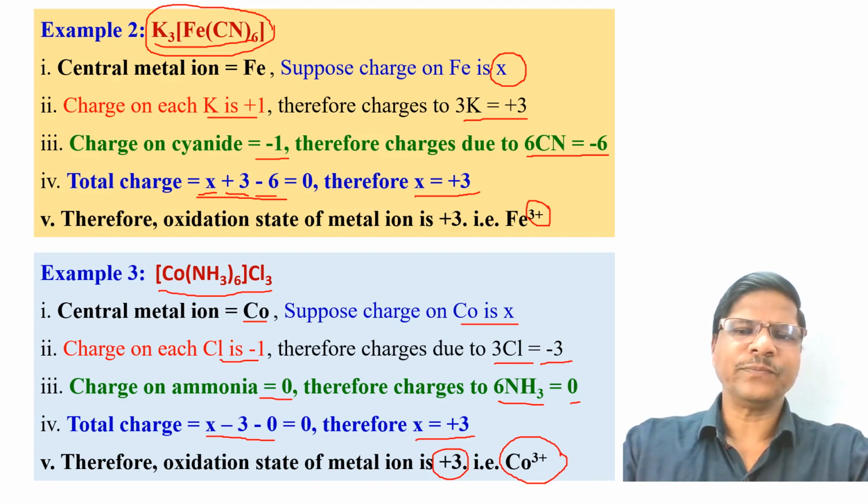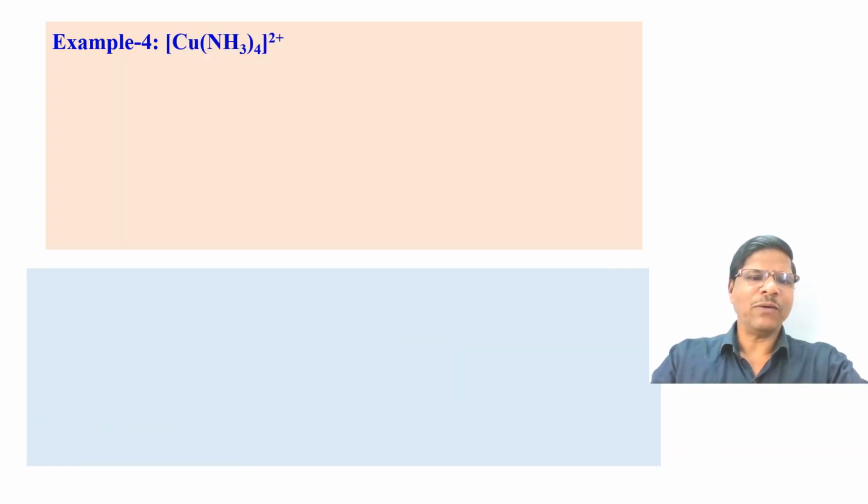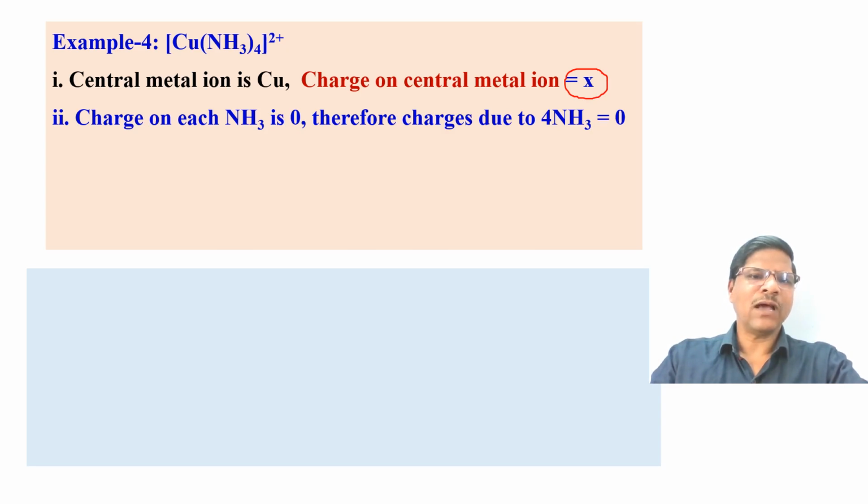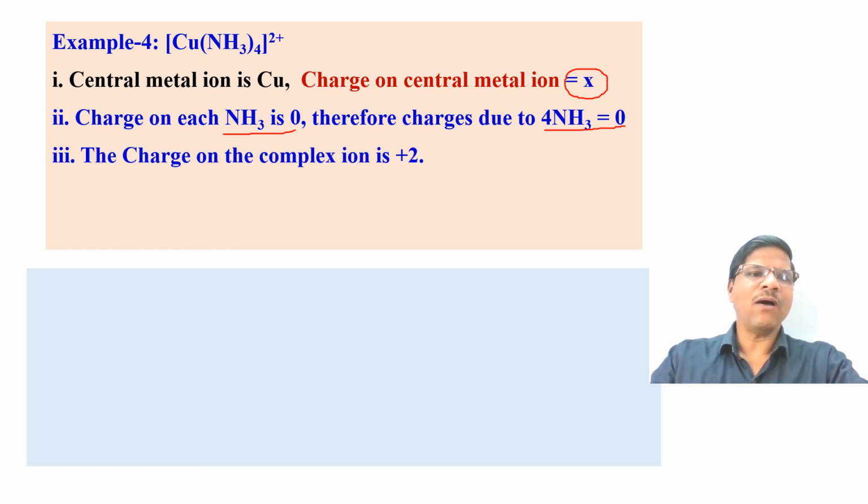The next example is the complex ion [Cu(NH3)4]2+. Again we consider that the charge on the copper is X, to be calculated. Ammonia has 0 charge, so 4 ammonia give a total charge of 0. The charge on the complex ion is +2.